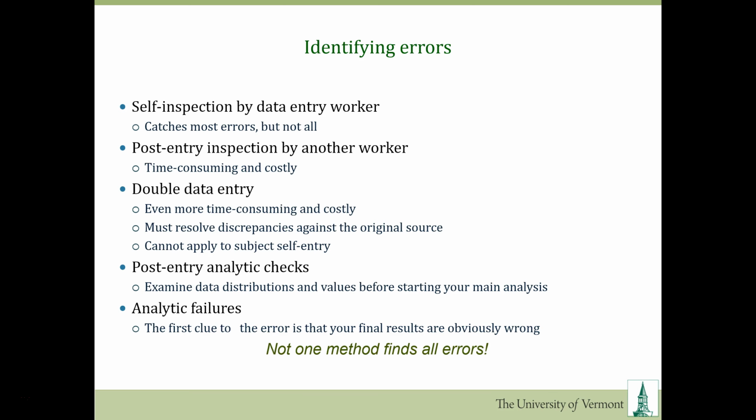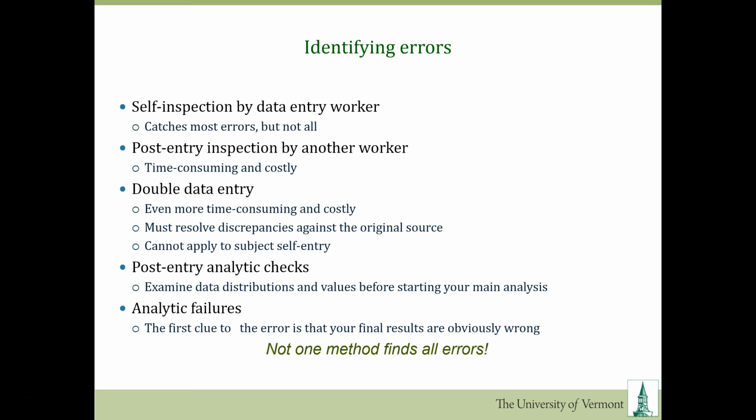Another approach is double data entry, where I enter my data, you don't look at my entry, you enter the data independently, and then we have some sort of method to compare the results. And then we have to resolve any discrepancies against the original source. This is very time-consuming and costly, but sometimes it's a reasonable thing to do. Note that you can't use this for subject self-entry as a rule.